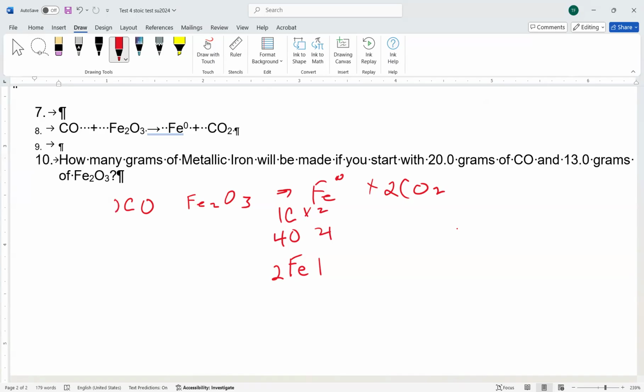So this needs to be a 2 there. That changes our oxygens to 5. So the iron's going to be easy to balance at the end.